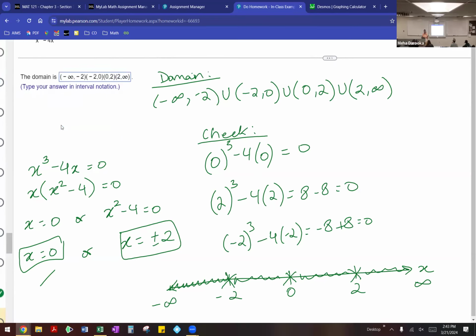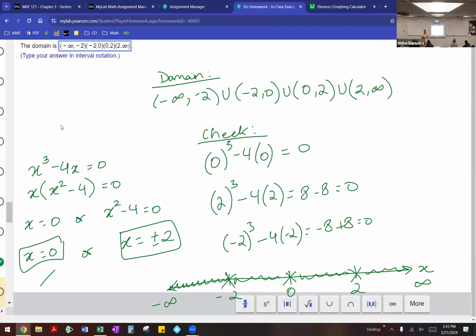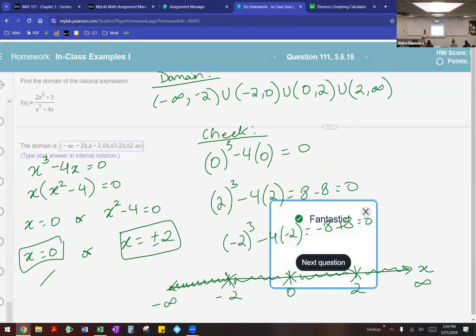Alrighty, and now I can type in our union symbols. So let's check that. There we go. That looks good.